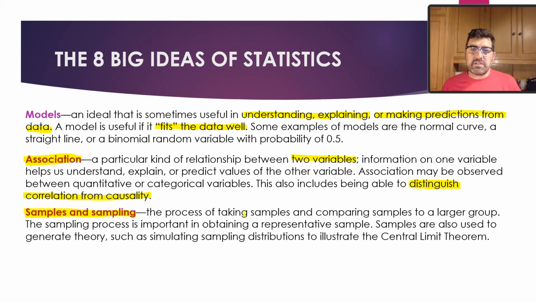So the process of taking samples and comparing samples to a larger group, that is what samples and sampling is all about. The sampling process is important in obtaining a representative sample. Very important. Samples are also used to generate theory, such as simulating sampling distributions to illustrate the central limit theorem.